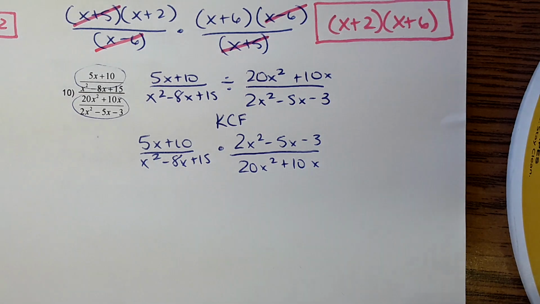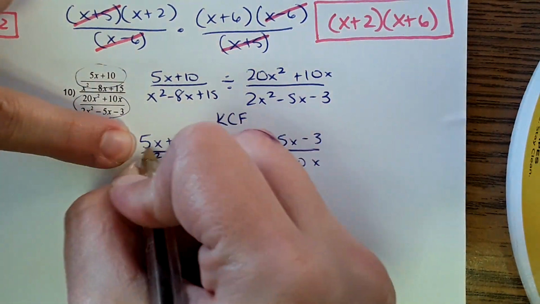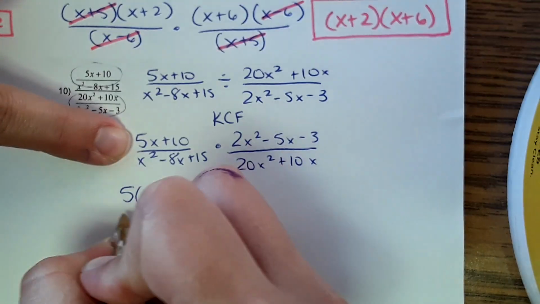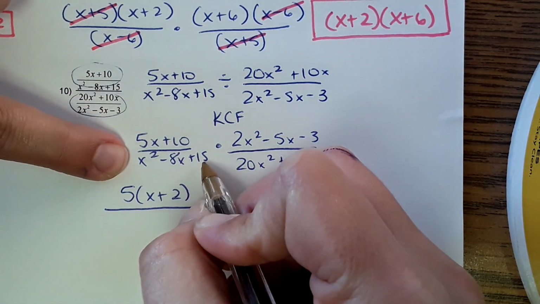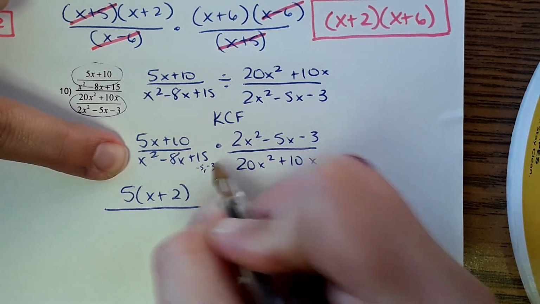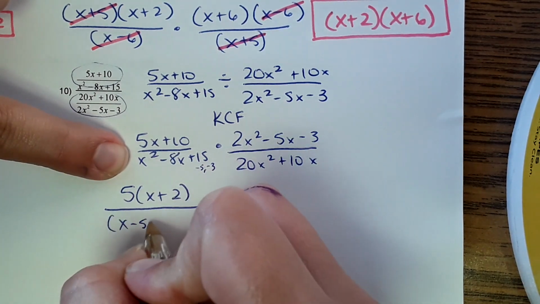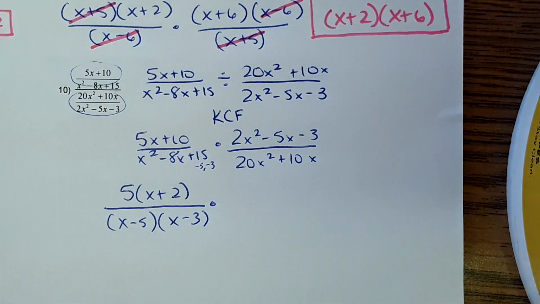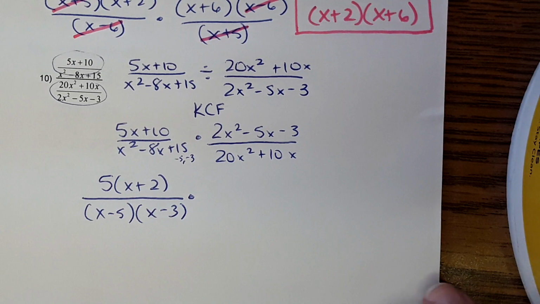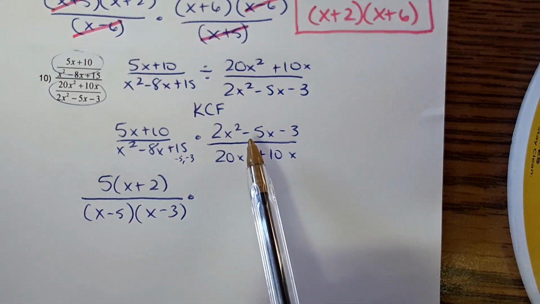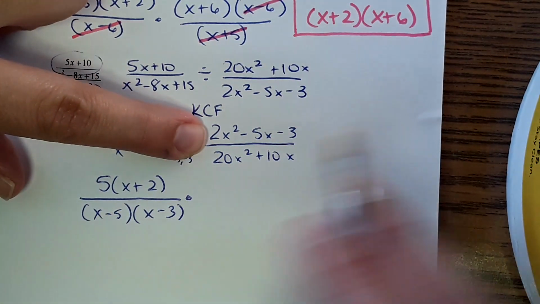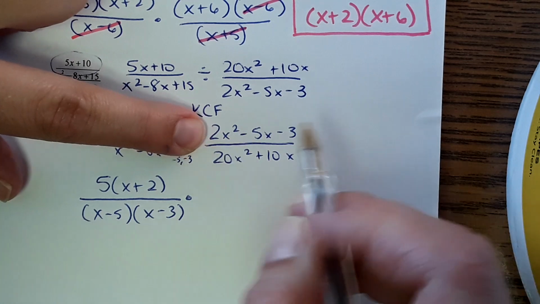Then factor stuff out. So this, I can take a 5 out of those two. So 5 times x plus 2. Here, negative 5 and negative 3. To factor this one, we're going to have to use the more complicated method because you don't just have an x squared here.